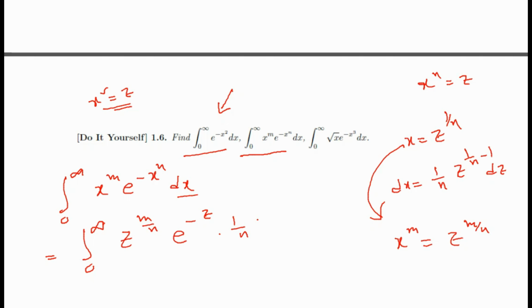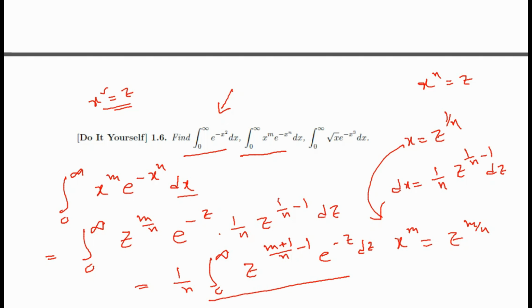Now dx is 1 by n into z power 1 by n minus 1 dz, and you will get 1 by n, 0 to infinity, z power n plus 1 by n minus 1 into e power minus z dz, and this is a gamma function, and this will be 1 by n gamma n plus 1 by n. And this is similar to the second one. This problem can be easily solved by using the previous argument.